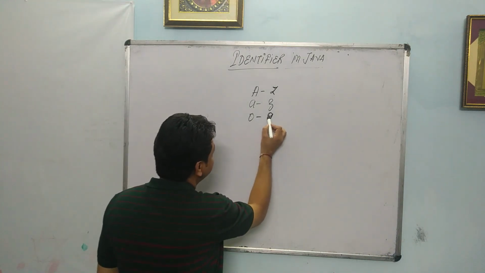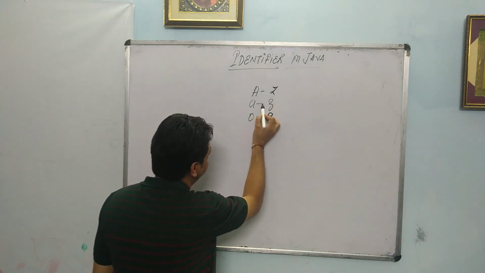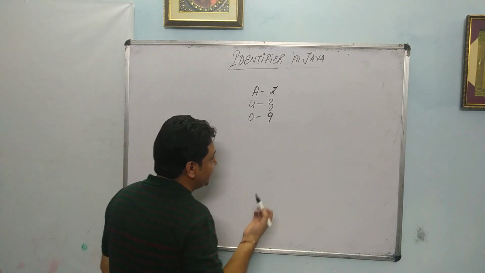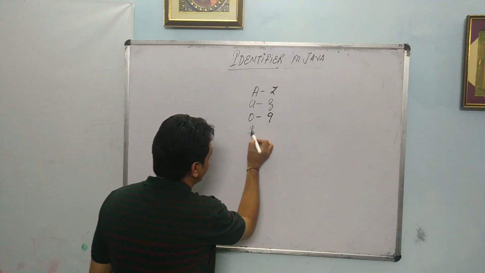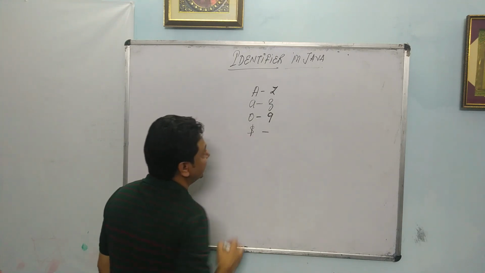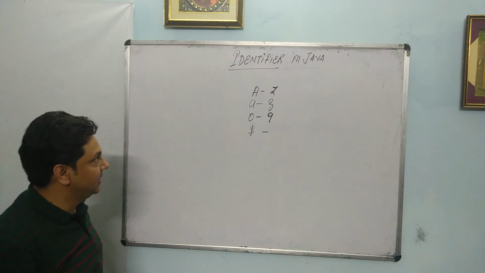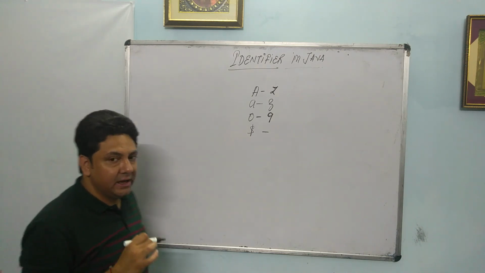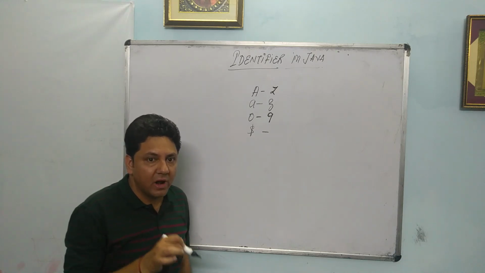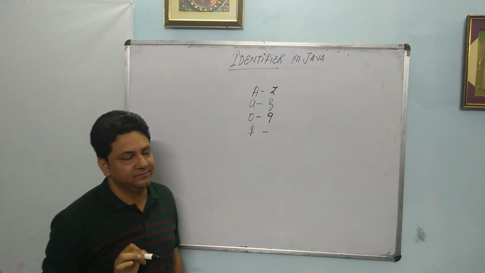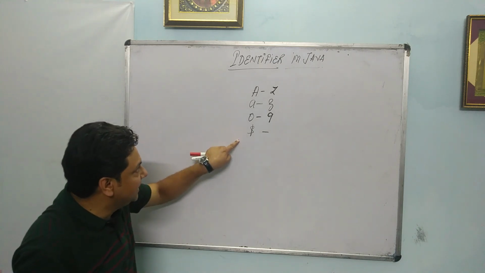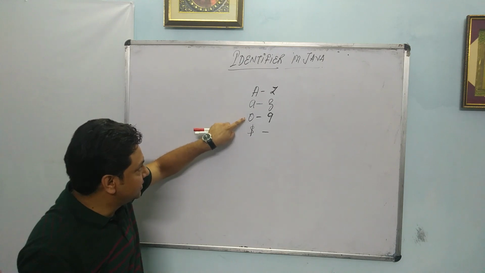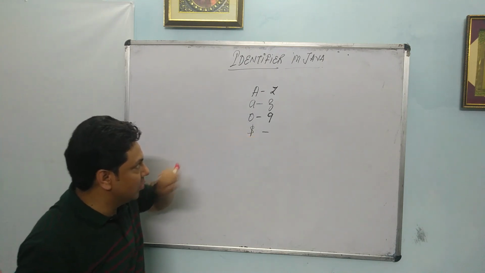In which manner it will be used, I will discuss a little bit later. And as special symbols, dollar or underscore we can use. Apart from that, nothing else can be considered for naming an identifier. Only these things can be included.